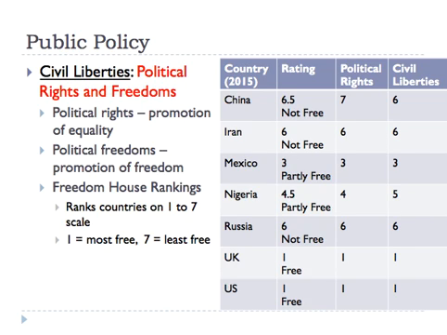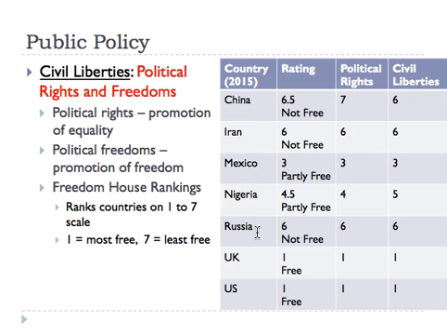Public policy also talks about civil liberties, your freedoms for individuals such as speech, assembly, religion, life, fair trials. Again, your political rights, your promotion of equality and political freedoms, and there's a Freedom House ranking. It ranks countries on a scale from 1 to 7, 1 being the most free. For example, the United States has a 1 for political rights and liberties, along with the UK.